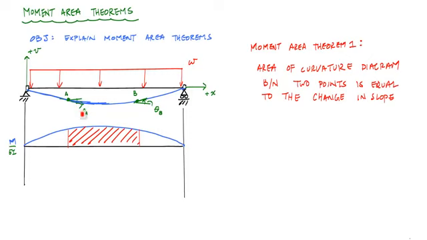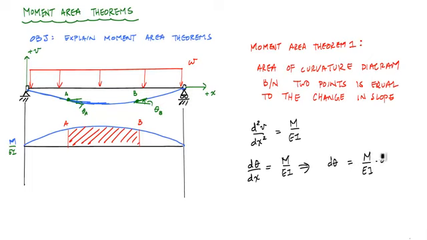And the way that we can prove this is from the moment curvature relationship, which is that d squared v over dx squared, the curvature of the beam, is equal to M over EI. And this d squared v over dx squared is also just the derivative of the slope, which is M over EI. If I set this integral up, if you will, this d theta is equal to M over EI times dx.